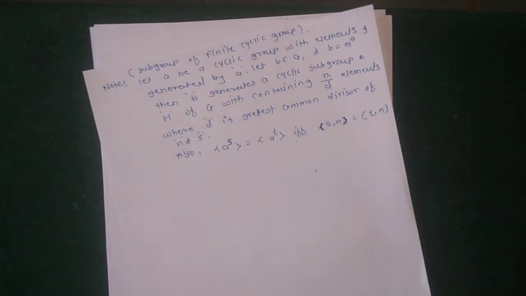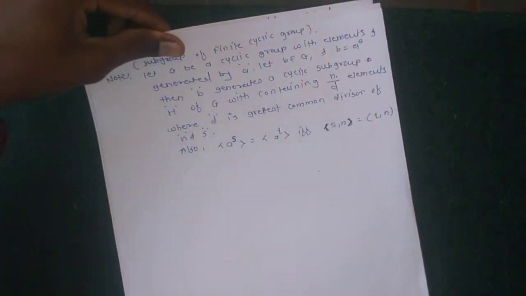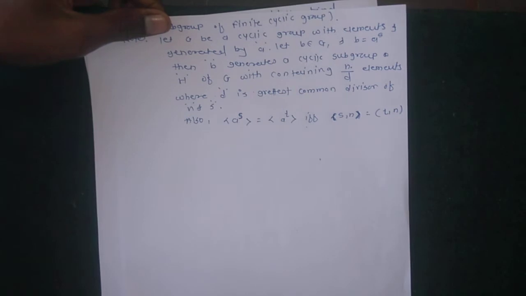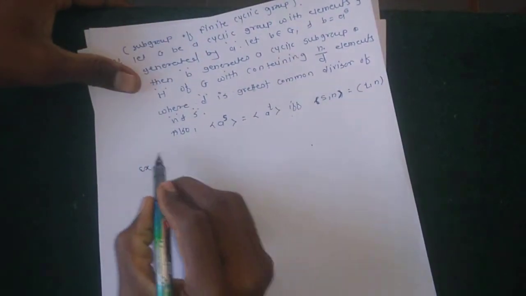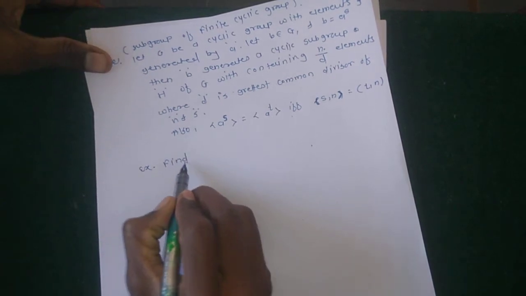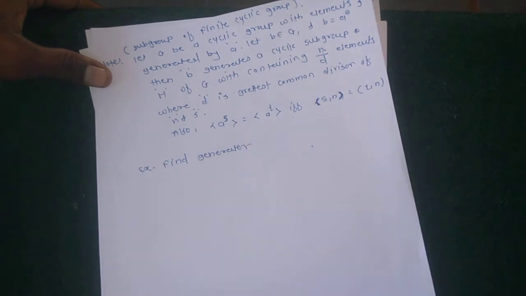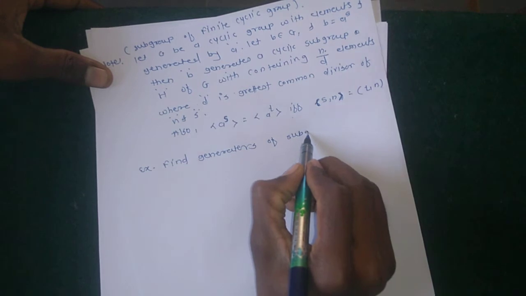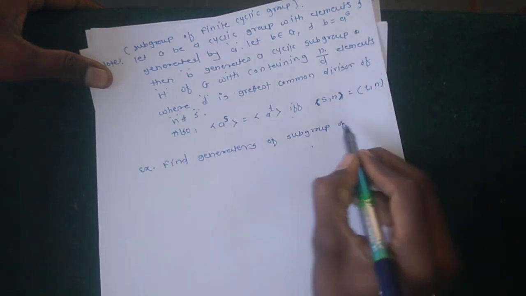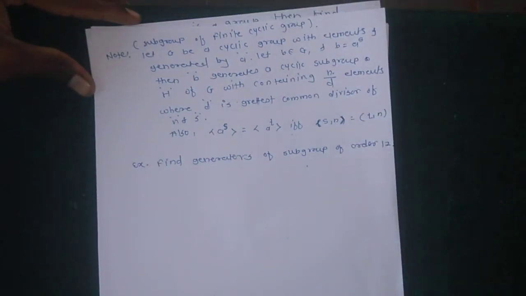Next example: find generators of a subgroup of order 12.